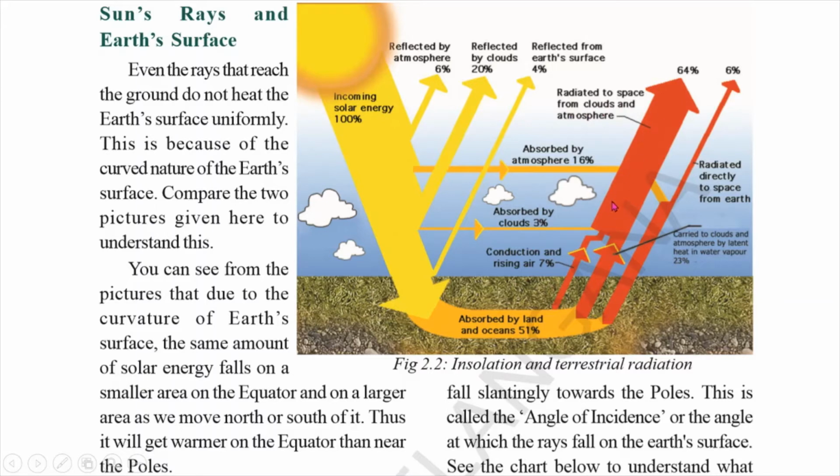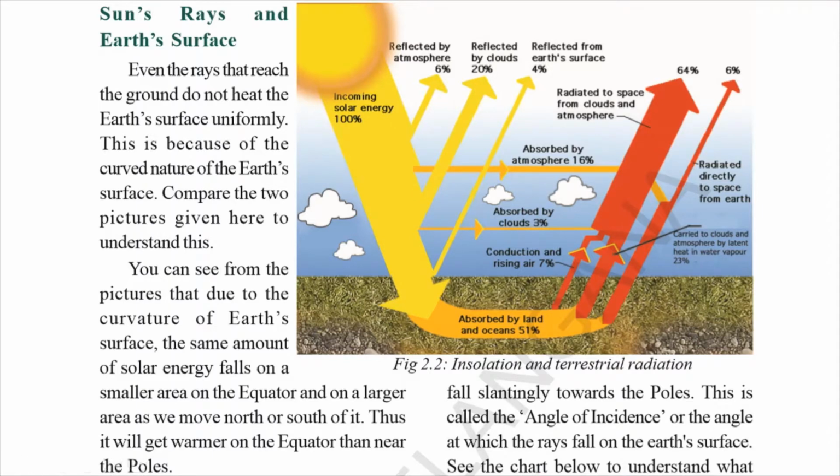Some radiates directly to space from earth, and some is trapped in the clouds and atmosphere due to the presence of gases which cause global warming, that is carbon dioxide and chlorofluorocarbons.